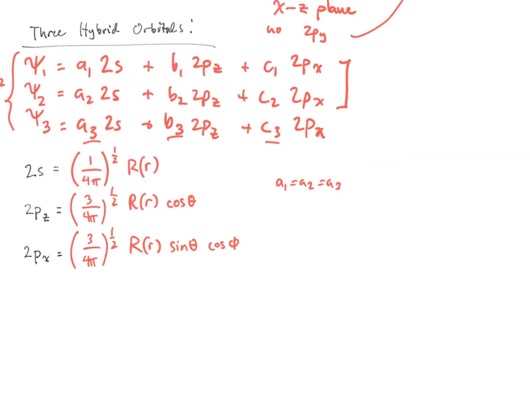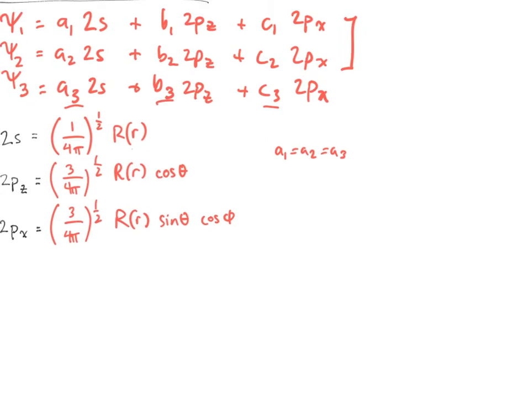And so the way that we're going to spread that 2s orbital around to each of those evenly is to insist that a1 squared plus a2 squared plus a3 squared equals 1. All right? But since each of those just equal each other, this is equivalent to writing 3a1 squared equals 1. So then when we algebraically rearrange this, we get a1 is equal to 1 over the square root of 3.